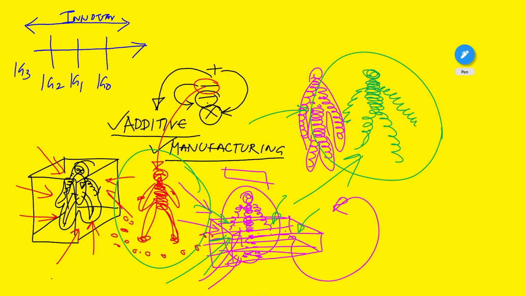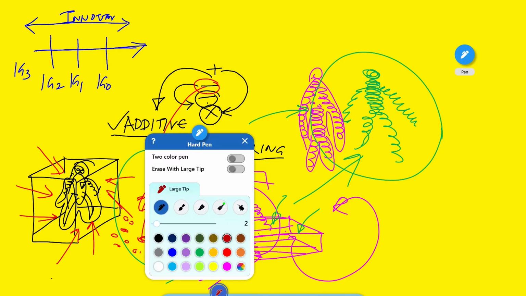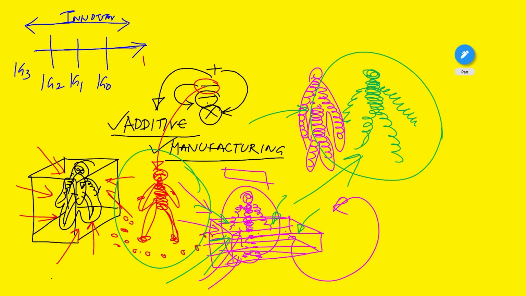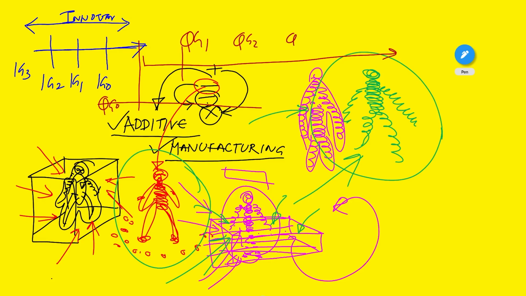Once you have done this part, the next part is producing the component. So this is basically what we call quality gate 1, because IG0 and QG0 are superimposed. Quality gate 1, quality gates 2, quality gates 3, quality gates 4 and quality gates 5.